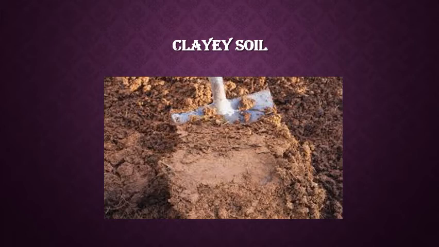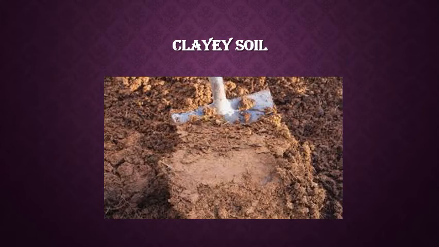It contains very little air. In sandy soil the water holding capacity is low, so the amount of air present in that soil is maximum, but in clay soil the water holding capacity is high, so the amount of air present in this soil is very little. The roots of the plant do not get enough air and space, so it's good only for rice.